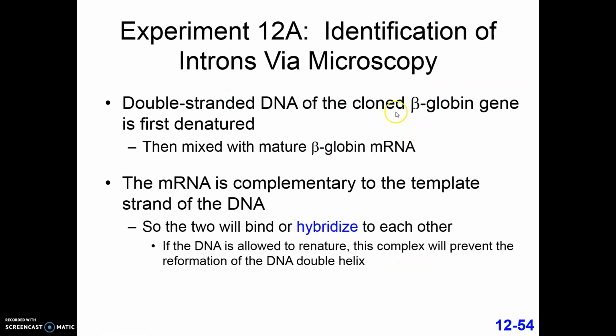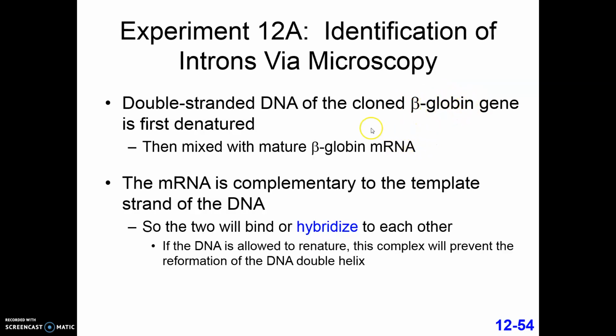One of the first eukaryotic genes that was worked on in regards to messenger RNA is the gene for beta globin. And this is part of the complex that carries oxygen in our red blood cells. Cells that make this make tons of it, so it was really easy to work with.